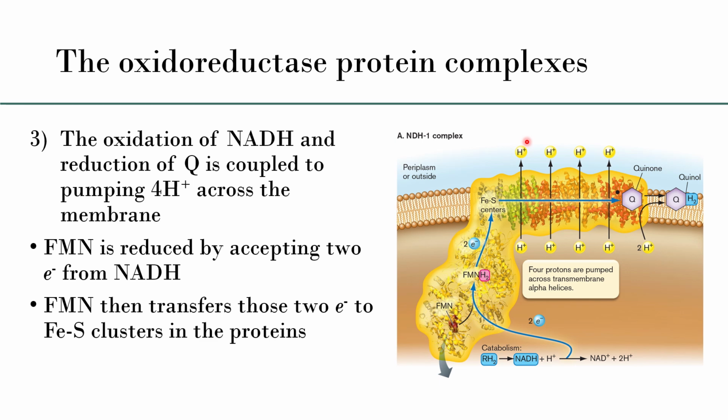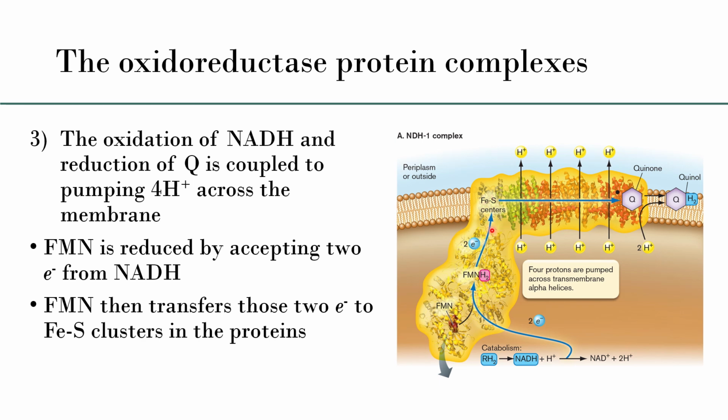So first, flavin mononucleotide, FMN, is reduced. It's going to accept the 2 electrons from NADH. It's then going to transfer those 2 electrons to these iron-sulfur clusters. So iron is usually in a charged cationic state, so it readily wants to accept electrons.